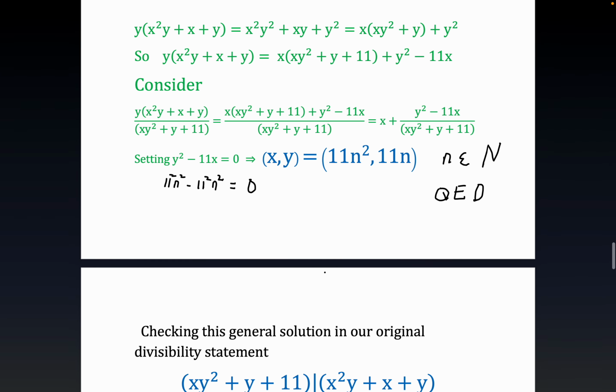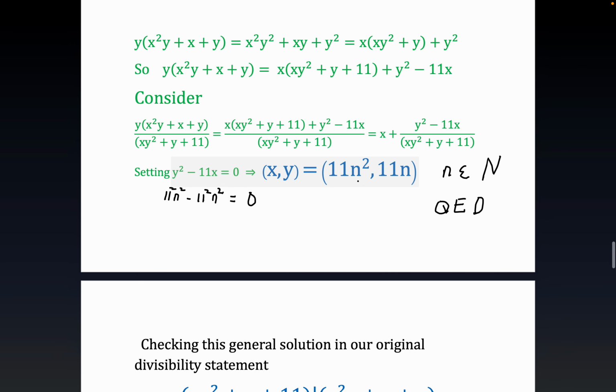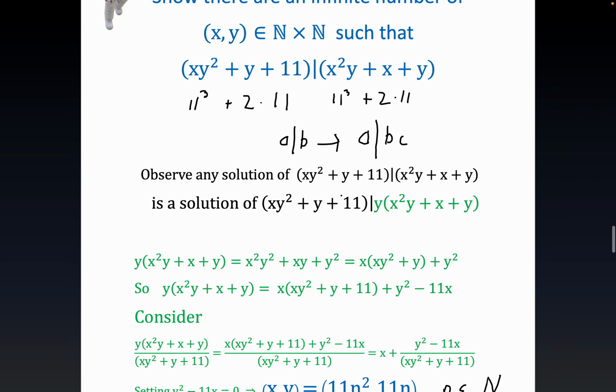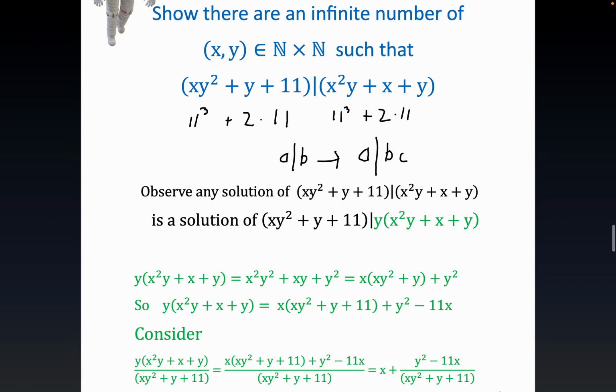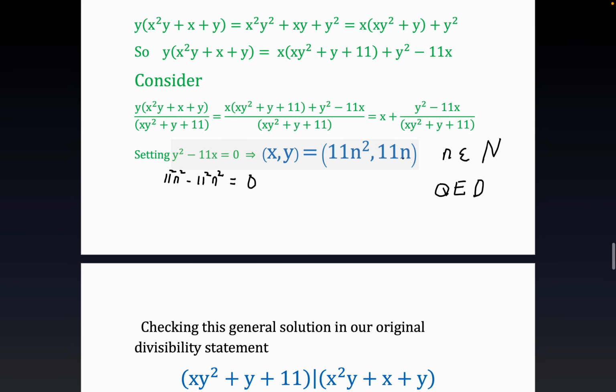But anyway, let's take a look at some cases. Notice that 11, 11 is a solution here. We wrote down 11, 11 is a solution. That would happen when n was equal to 1. Let's try n equals 5, make it something a little more.